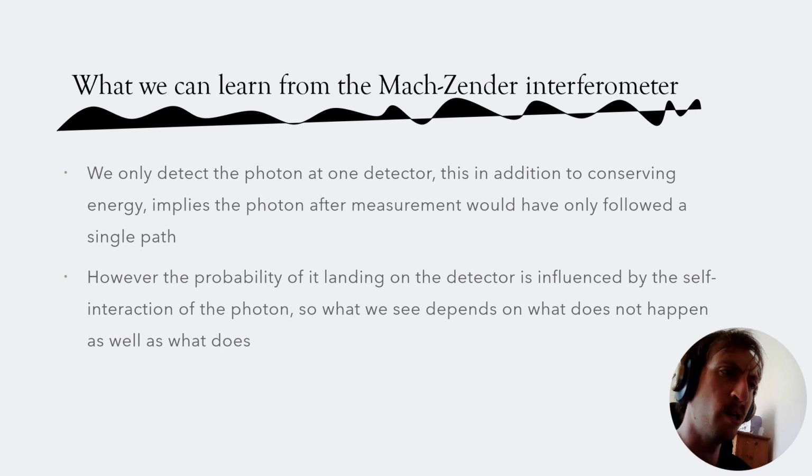However, despite that, the probability of the photon landing on a detector is influenced by this self-interaction. In other words, it's influenced by parts of the quantum state corresponding to things that the photon has never seemingly done, after we've observed it.